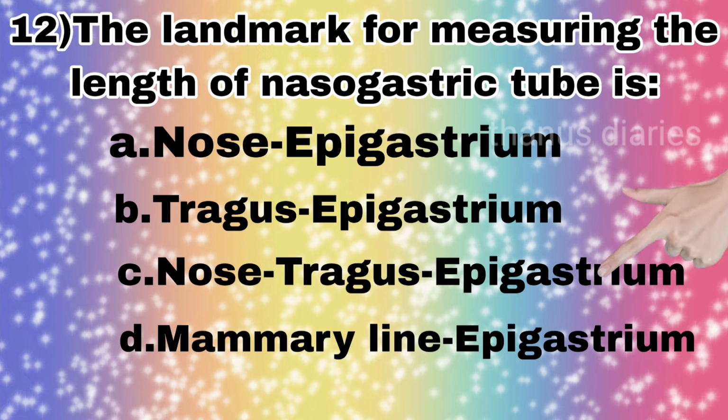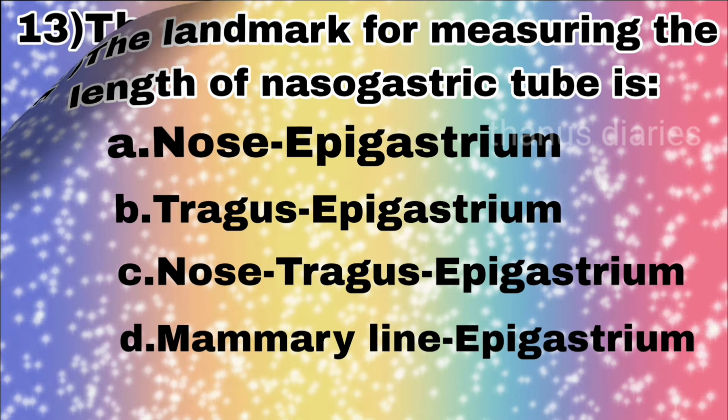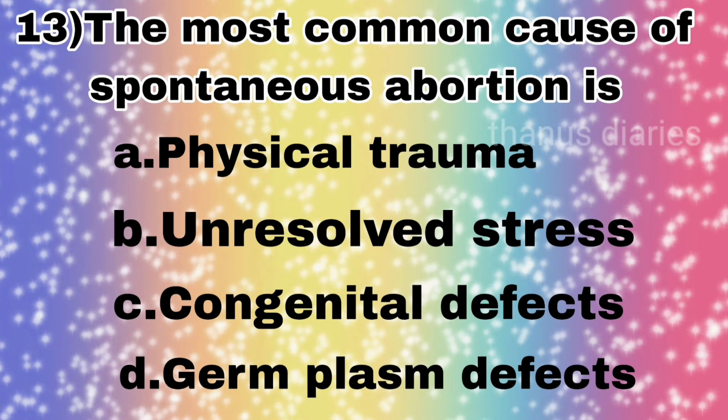It's nose to tragus and tragus to epigastrium. Next, the most common cause of spontaneous abortion is physical trauma, unresolved stress, congenital defects, germ plasma defects. It's due to congenital defects.